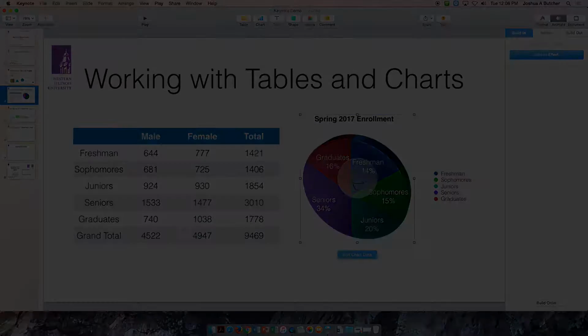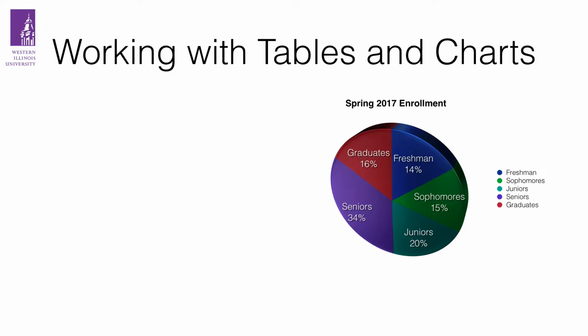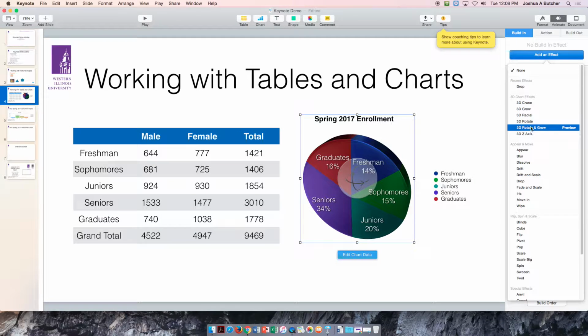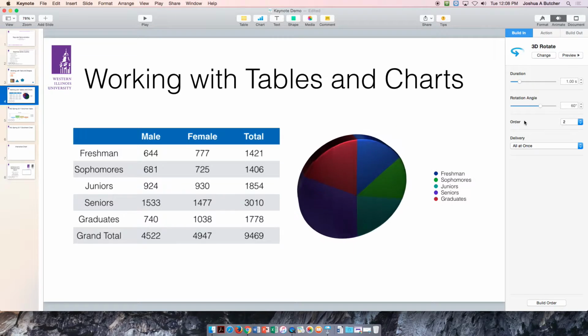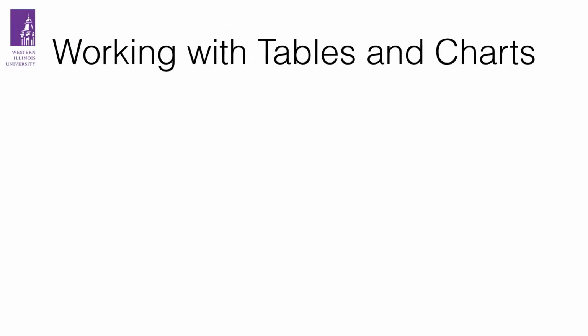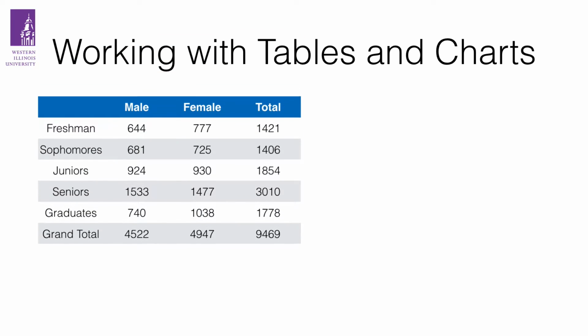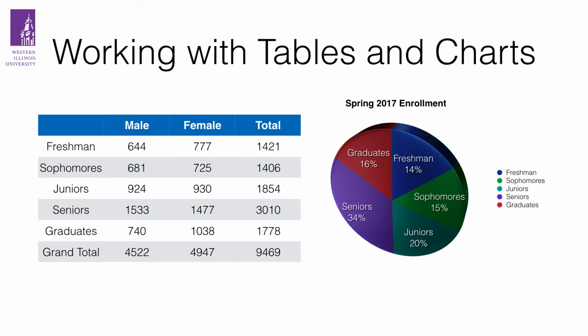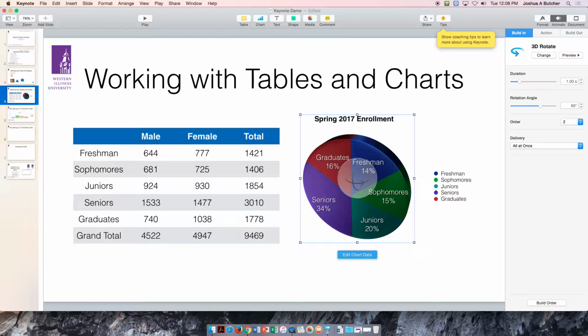And so if I play these, oops, that didn't do it. Did I not save it? I must not have selected it. There we go. So now if I hit next, there's my table, and then there's my chart. It comes in. So any object, text, shape, you can apply a built-in animation to it.